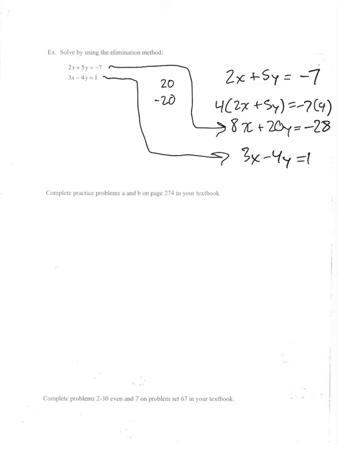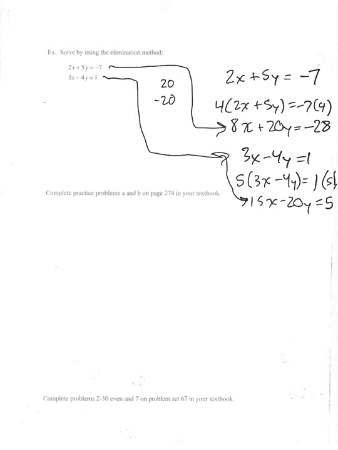I'm going to have to change this to a negative 20, which is going to require multiplying by 5. So I distribute that, 15x minus 20y equals, oops, I forgot to multiply this side by 5 as well, equals 5, like so. So here's my equivalent down here.